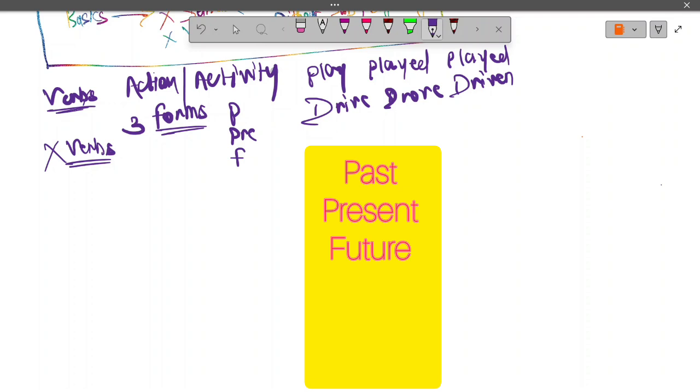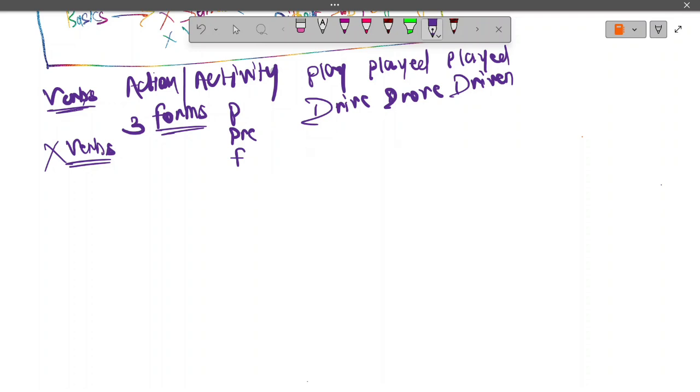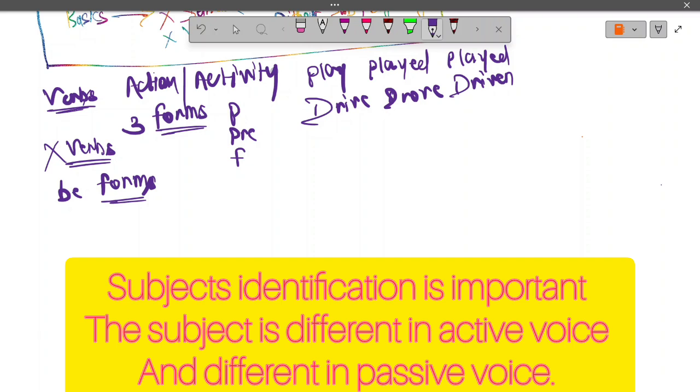Now we need to see what the be forms of the verbs are. Why? Because for identification of the subject, we need to understand the active and the passive voice, correct?